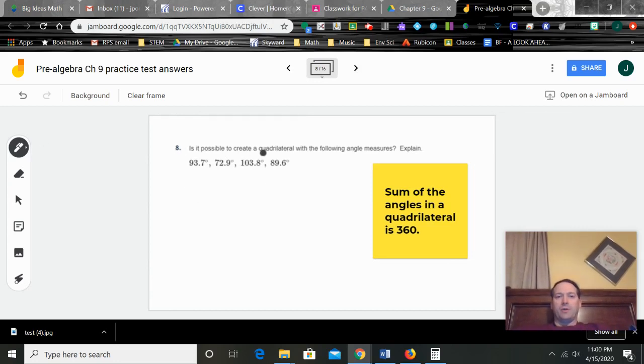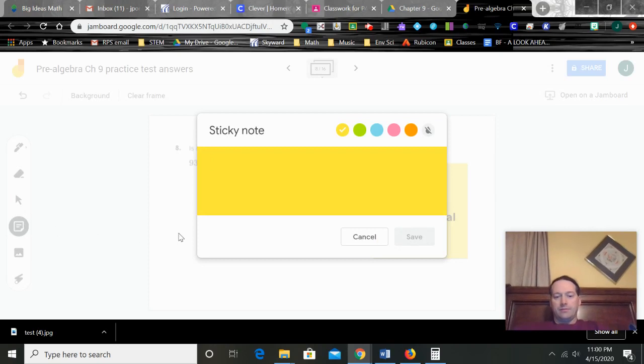I don't think that one's too bad. Next one: is it possible to create a quadrilateral from the following angle measures? One thing you need to remember is the sum of the angles in a quadrilateral is 360. So obviously you add these up. How would you answer it?